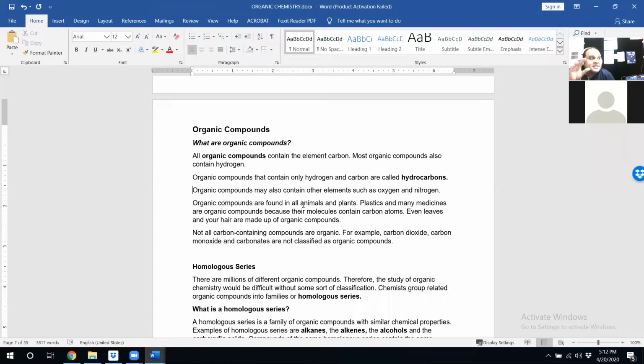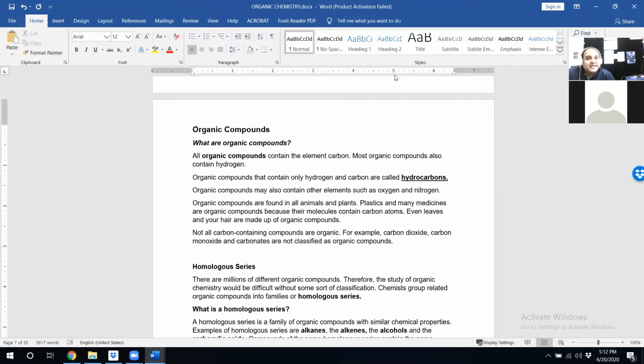Alcohols are also a different family. So whenever an organic compound contains only carbon and hydrogen, we call it a hydrocarbon.